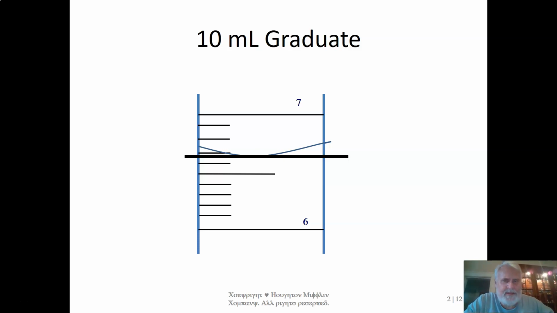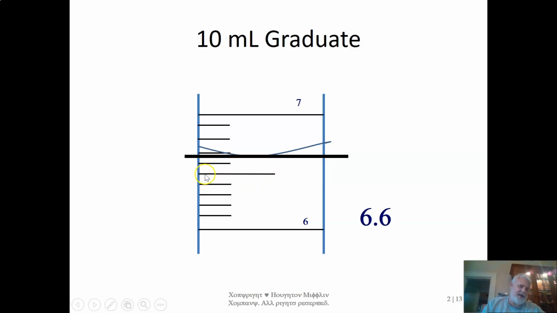So you can see that this graduated cylinder is on increments of tenths, okay? So you have 6, 6.1, 6.2. So as you follow up here, there's 6.5, 6.6. So this is 6.6.